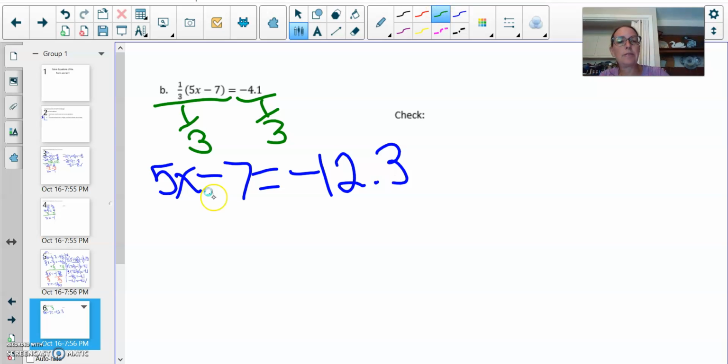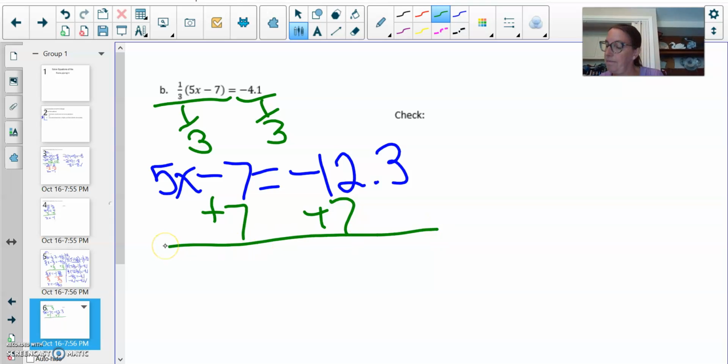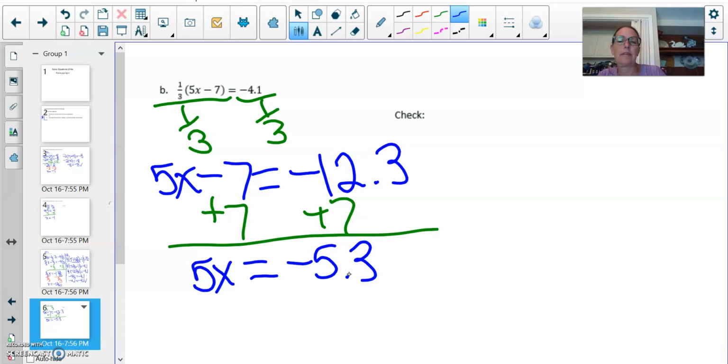Now I do my inverse work, add 7. I get 5x equals negative 5 3/10. And then my next inverse, I'm going to divide by 5.